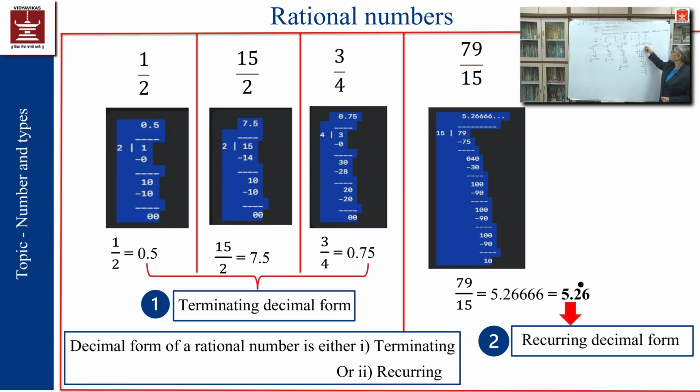This means in the decimal form of the number 79 upon 15, the division does not come to an end and the quotient 6 is repeated. It occurs over and over again. That is, it recurs, and 79 upon 15 has its decimal representation as 5.2666. How many 6s? Infinite.